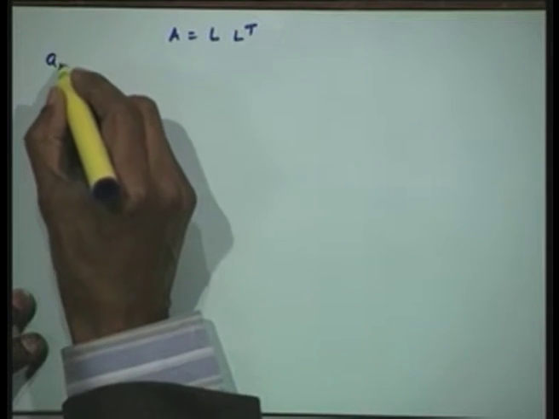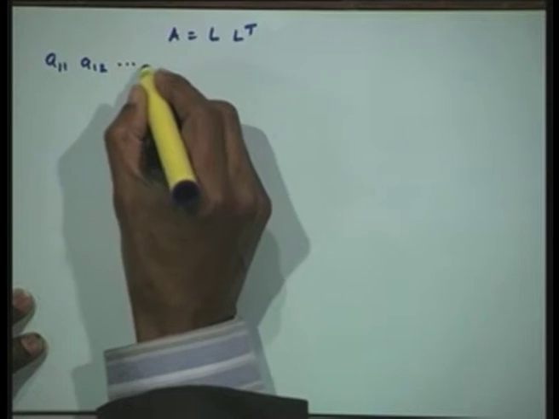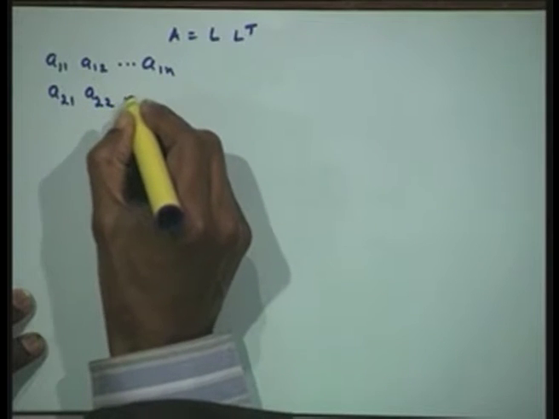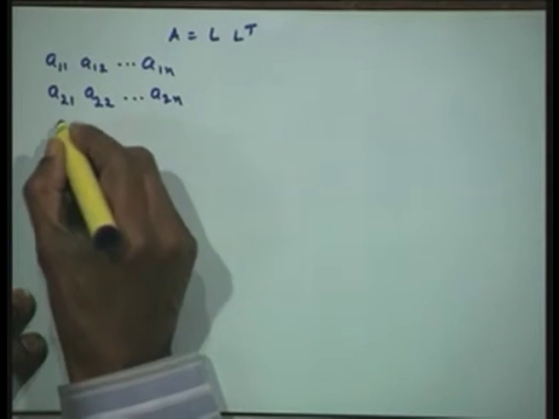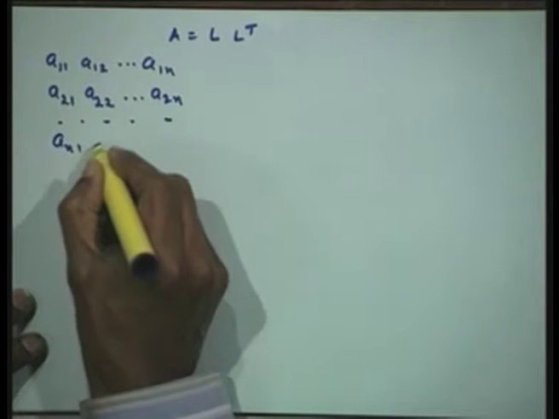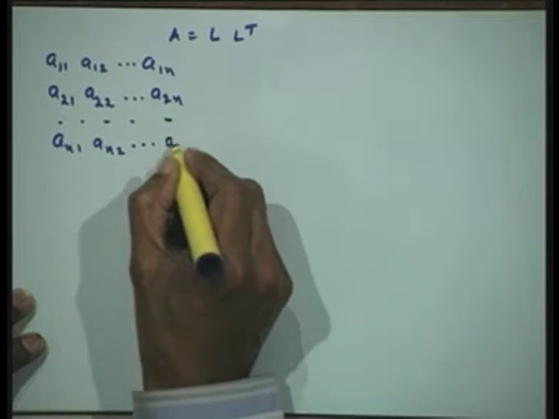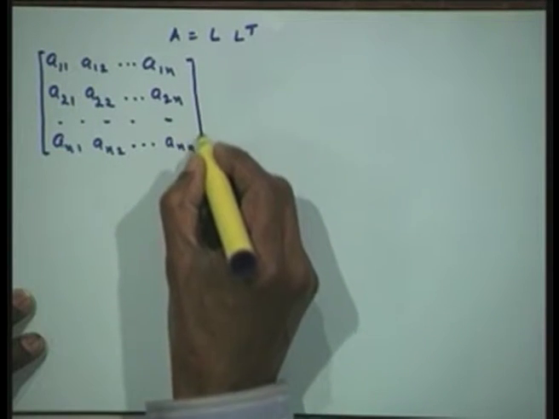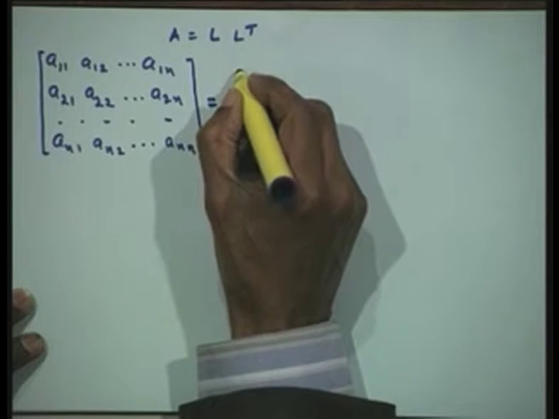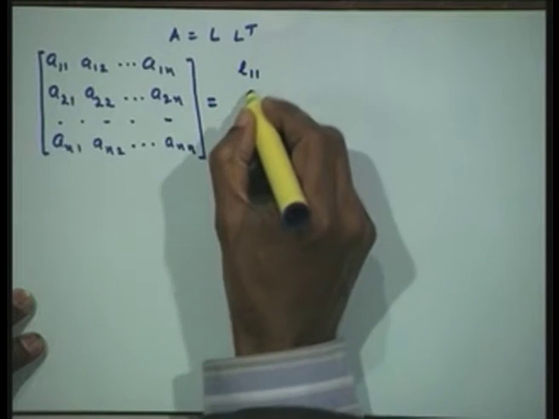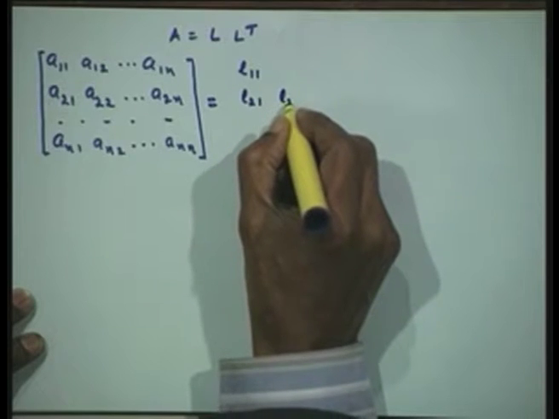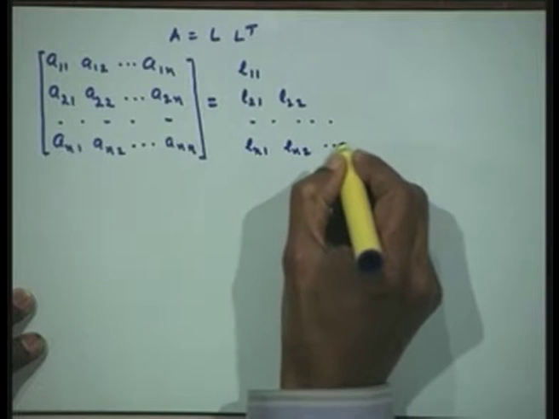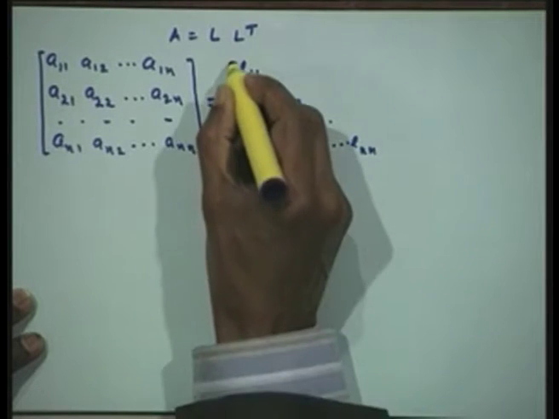Let us write down the full system: A11, A12, A1n, A21, A22, A2n, AN1, AN2, ANN. L is a lower triangular matrix, so let us take it as L11, L21, L22, Ln1, Ln2, Lnn.